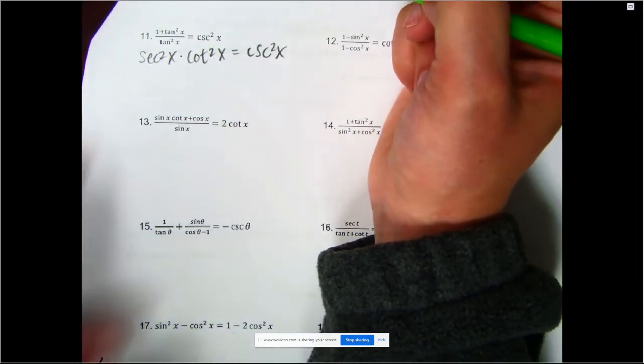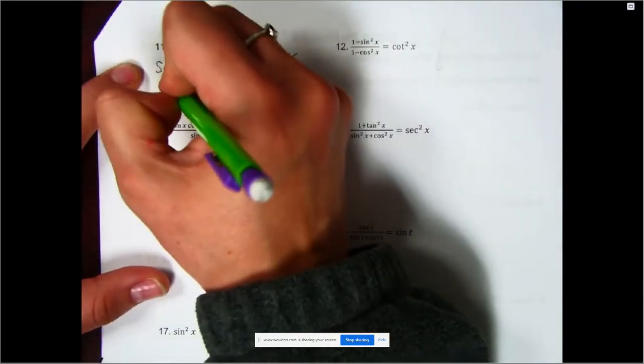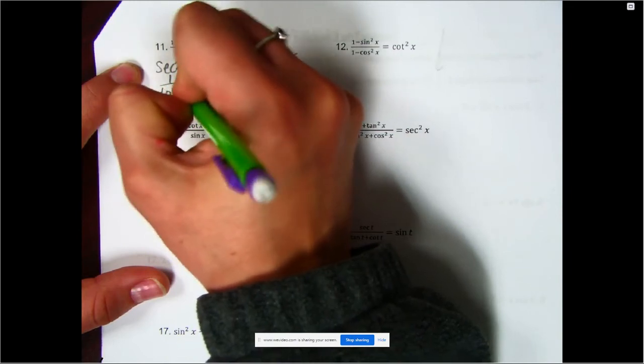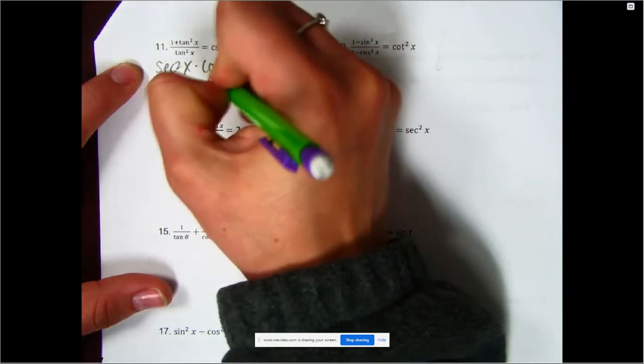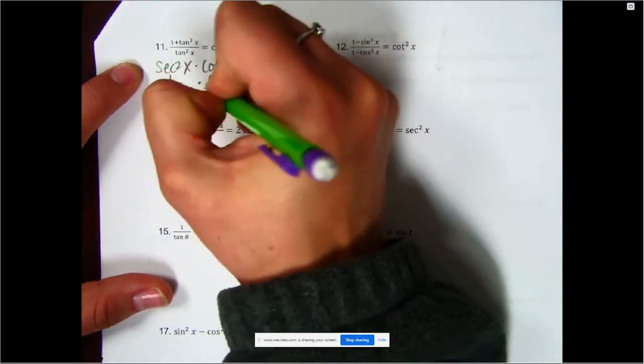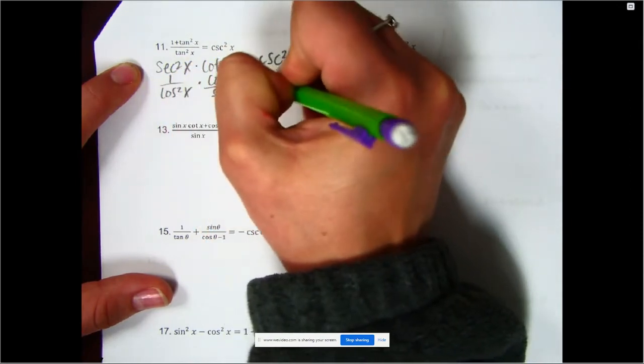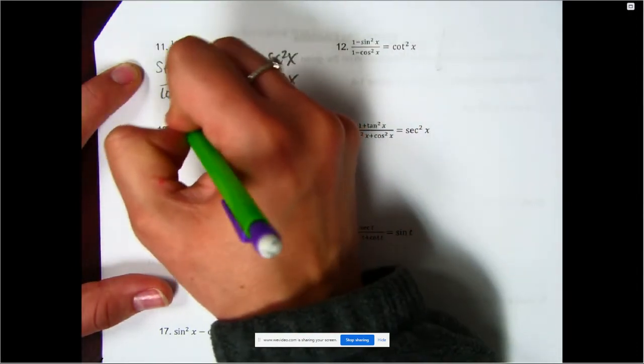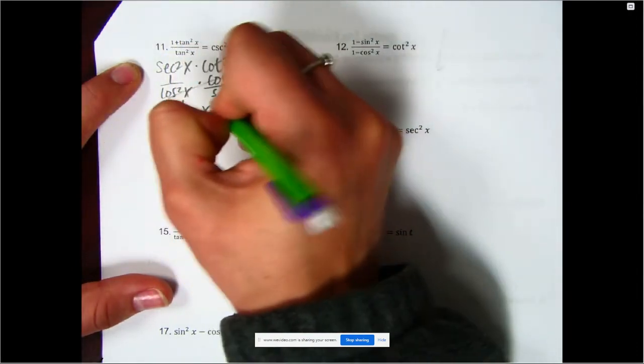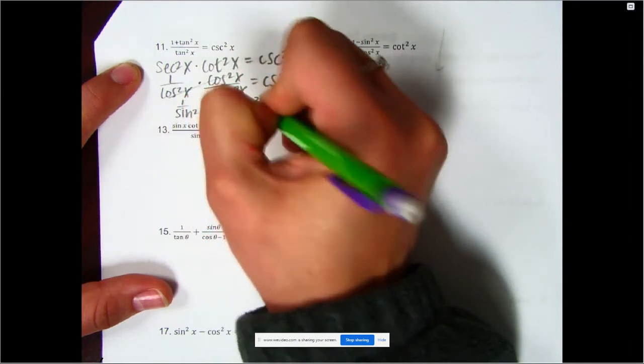Okay, well, I know secant squared is 1 over cosine squared, and cotangent squared is cosine squared over sine squared. The cosines cancel. You're left with 1 over sine, which is cosecant.